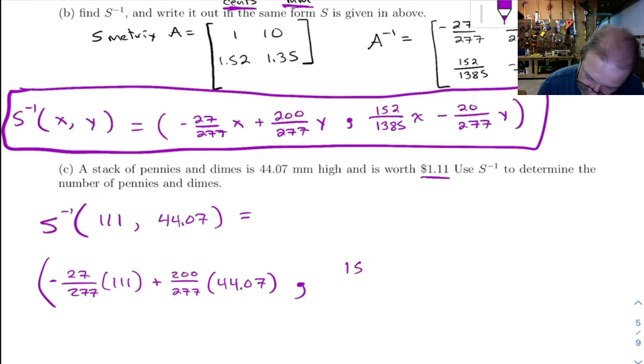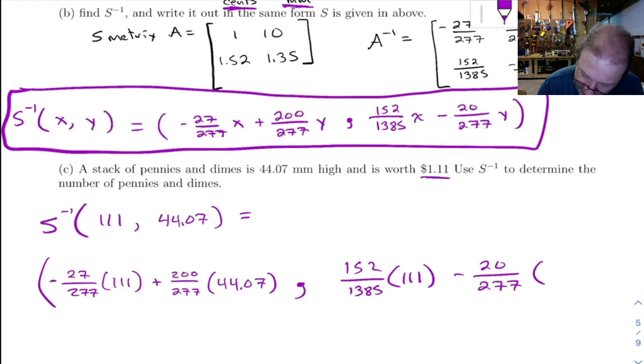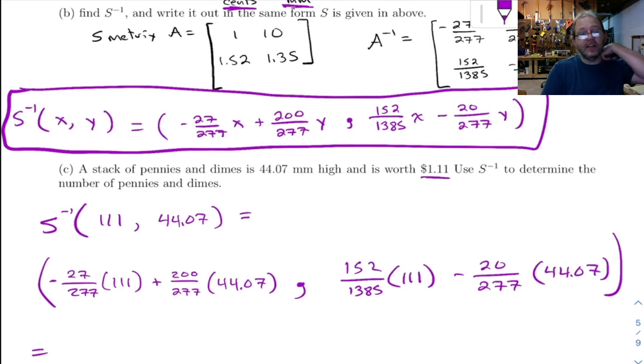And then 152 over 1385 times 111 minus 20 over 277 times 44.07. All right, so this is supposed to give us the number of pennies and dimes. I'm just going to do this on my calculator here. Negative 27 over 277 times 111 plus 200 over 277 times 44.07. And now the moment of truth, I'm going to press the enter key and hope that this gives me a whole number. Sure enough, it gives me 21.